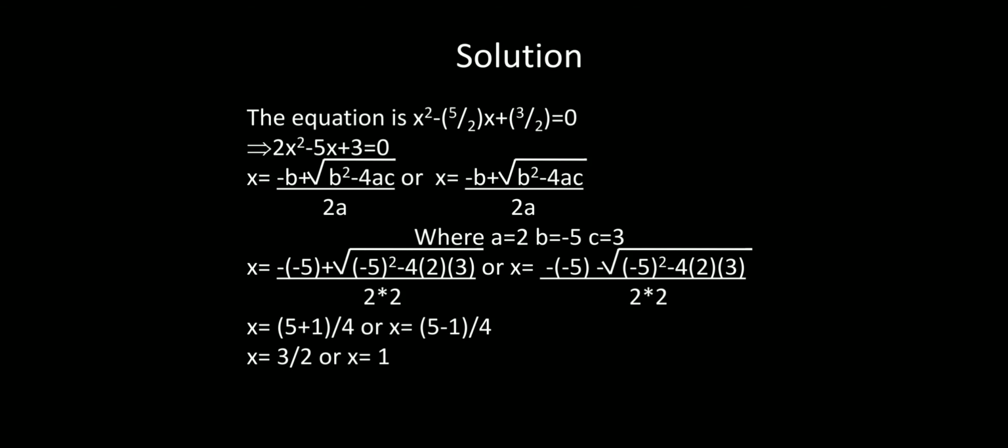So if it was minus 3, then we must have written c equals minus 3. Then we did the solution of the equation as you can see over here, and we got x equals 3 by 2 or x equals 1. So in all the three methods we got the same answer, which means all the three methods are correct, and we have understood all three using the same example.